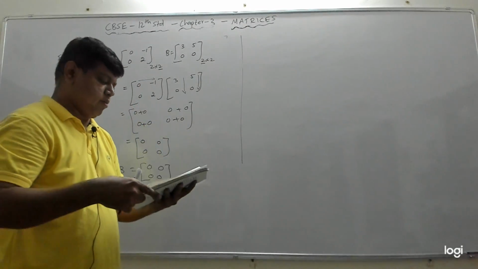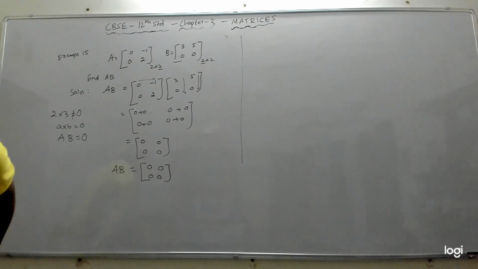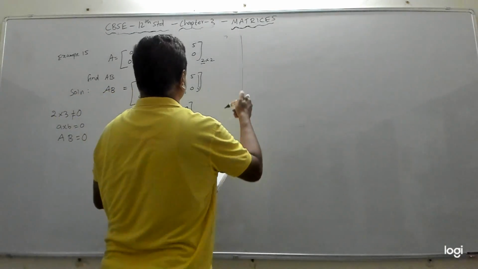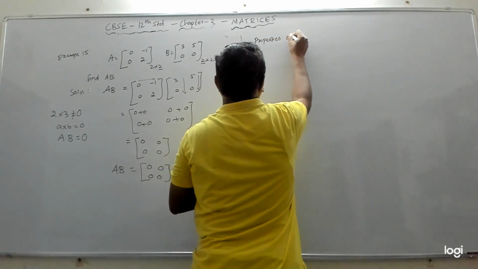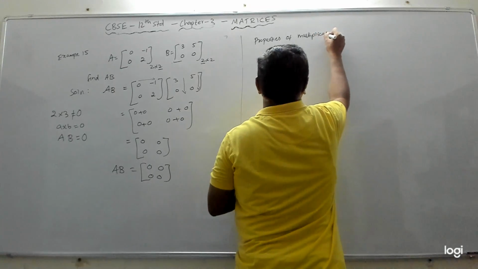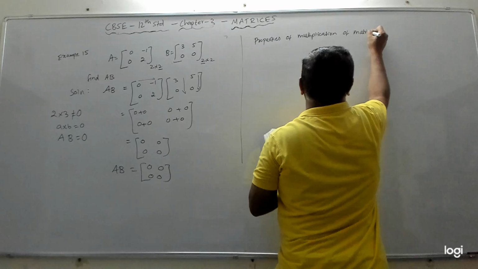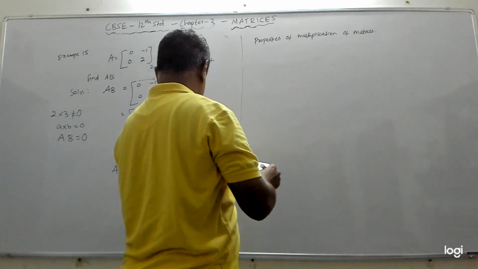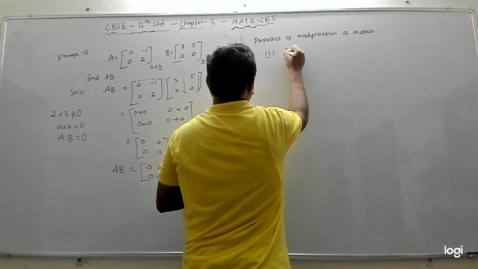So the properties of multiplication of matrices. The first one is the associative law.